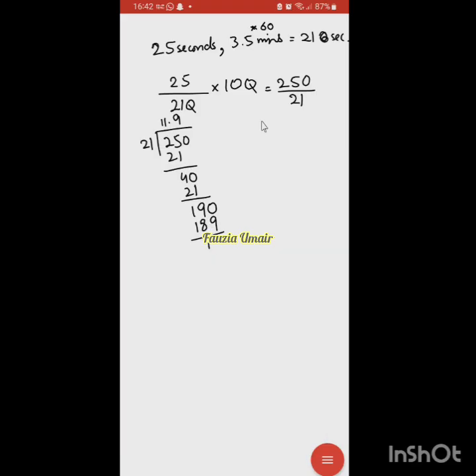So the answer is 11.9%. If we are talking about 25 seconds out of 210 seconds, that is 11.9%.